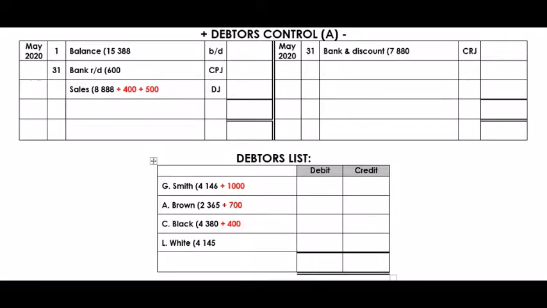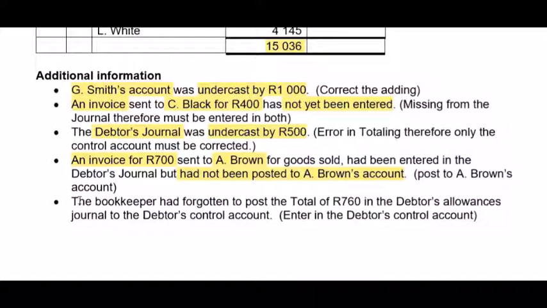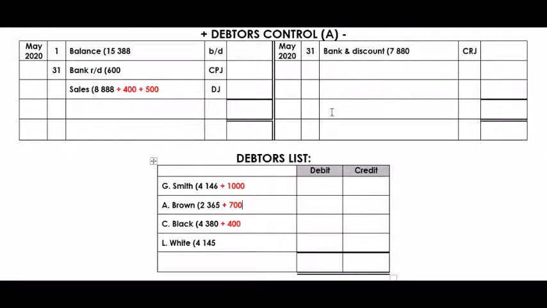And then lastly, the bookkeeper had forgotten to post the total of 760 Rand in the debtors allowances journal to the debtors control account. Okay, so you will notice in our debtors control account, there is no DAJ entry, and that's the mistake that was made.